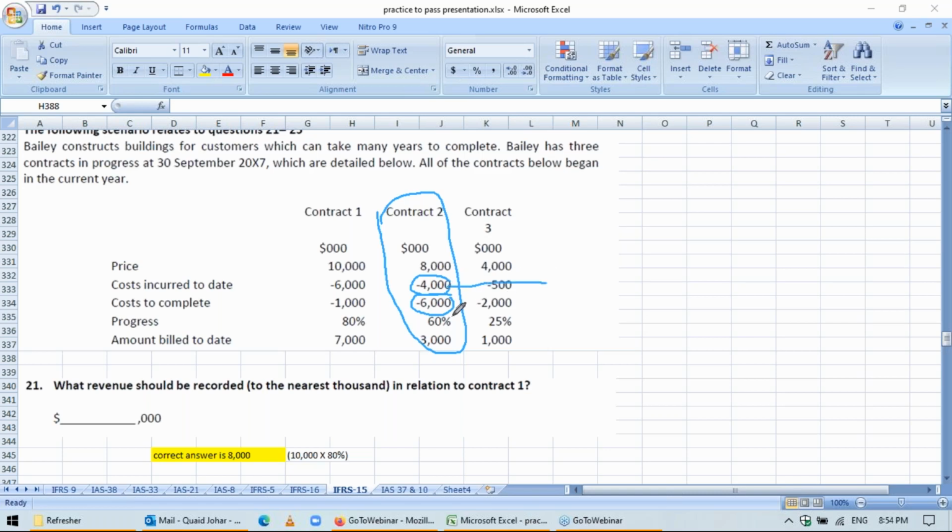So the sum of these two is 10,000. The sum of cost is 10,000, and the revenue expected is 8,000. So the revenue is less than cost, so a 2,000 loss is expected. So the loss needs to be recognized immediately in this case.